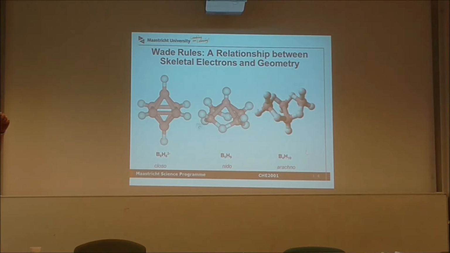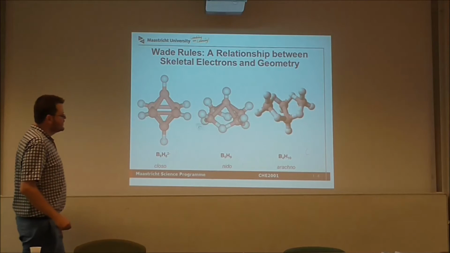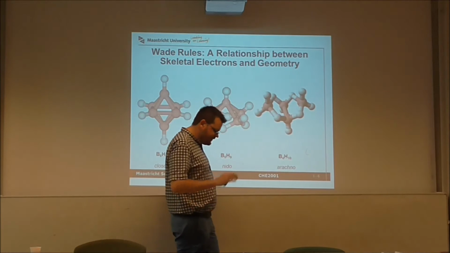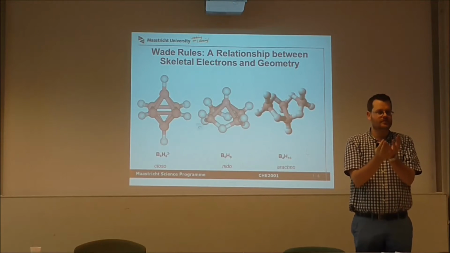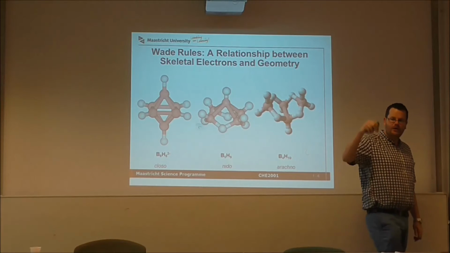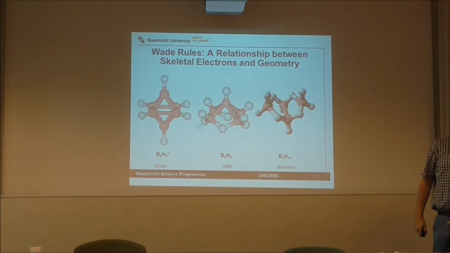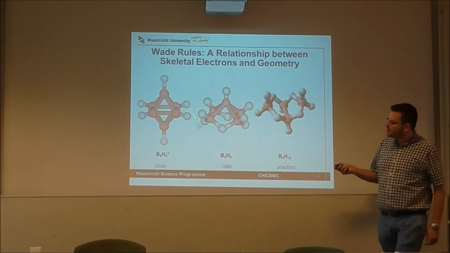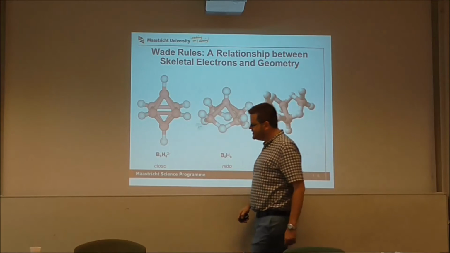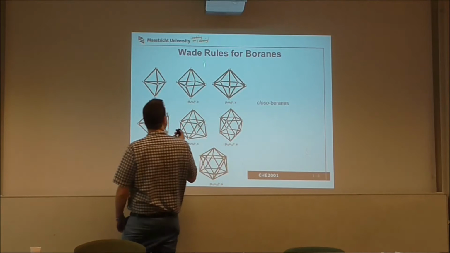Now, how this works, essentially, is if you go from a closo structure, closo obviously meaning closed, and you pluck off one of the vertices, right? So let's imagine I start off with this closo borane, which is B6H6. It's one of these. There it is.